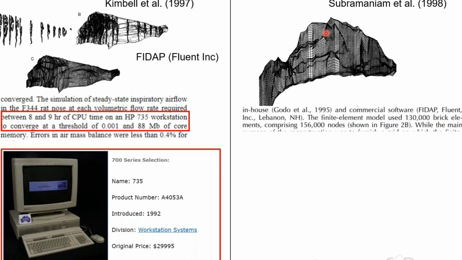Again, if we look at the details of this work, this is 130,000 elements, which, if we look back at 1998, is quite phenomenal for that time. And if we look now, 130,000 cells can be simulated in less than a minute, I believe.